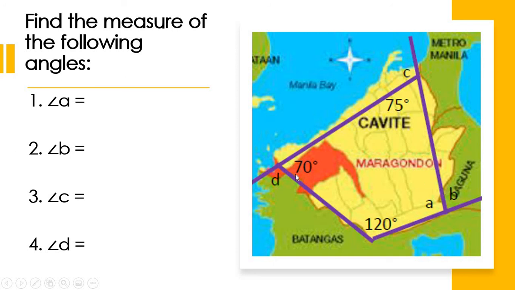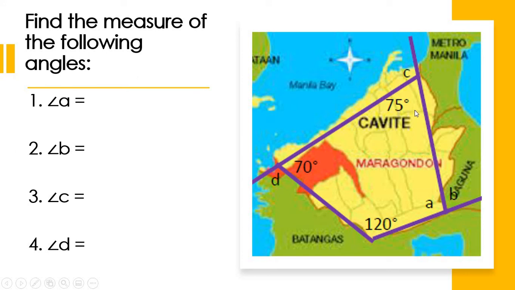Since given yung ibang measurement ng ibang interior angles, what is the sum of the interior angles of a quadrilateral or of a four-sided polygon? 360 degrees.